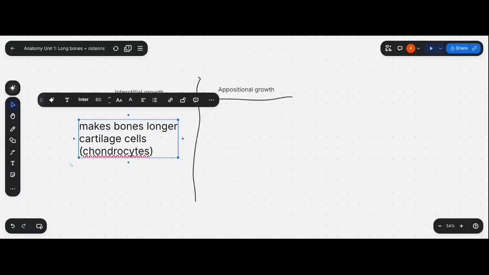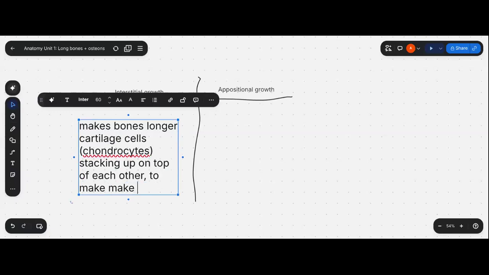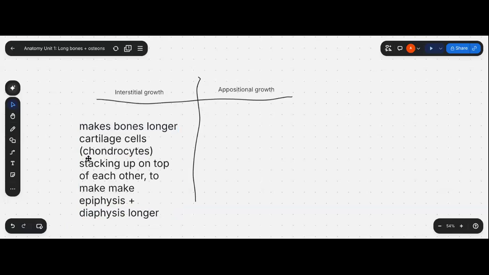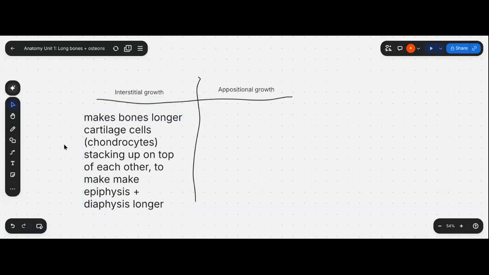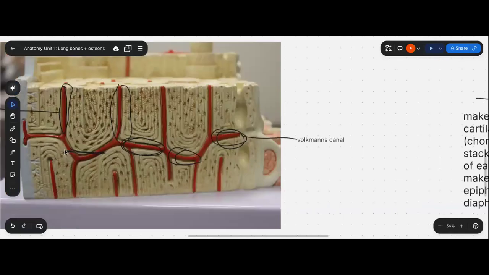These chondrocytes are going to be stacking up on top of each other in order to make the epiphysis and the diaphysis longer. And so basically, that is how you are growing in length.